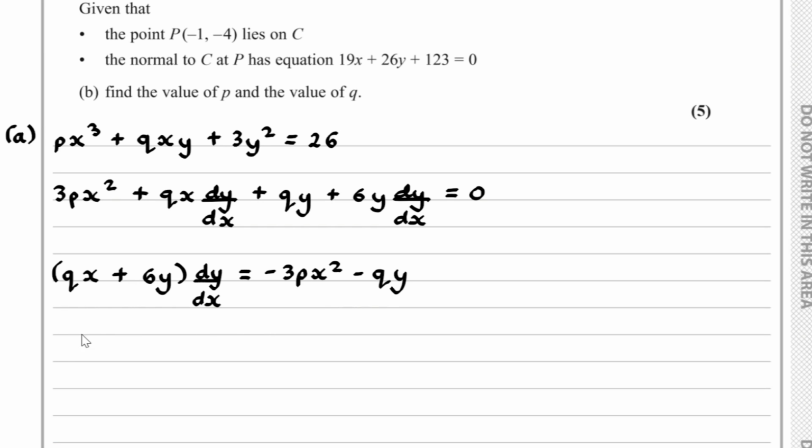And therefore, if we find out what dy over dx is, we have minus 3p x squared minus qy over qx plus 6y. We have found out what dy over dx is in required form.